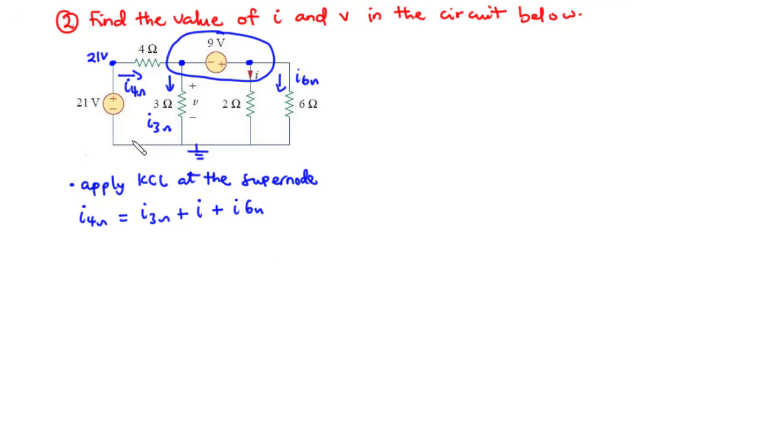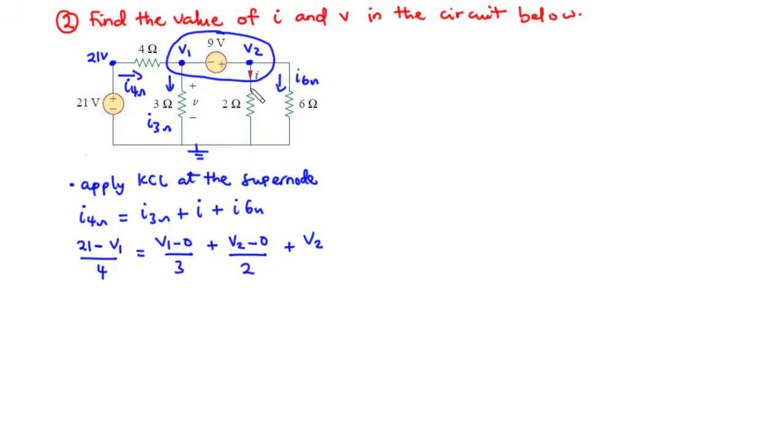Now we have I 4 ohms to be 21 minus V1. So this is V1 and this is V2. So we have 21 minus V1 over 4 equals V1 minus 0 over 3 plus V2 minus 0 over 2 plus V2.